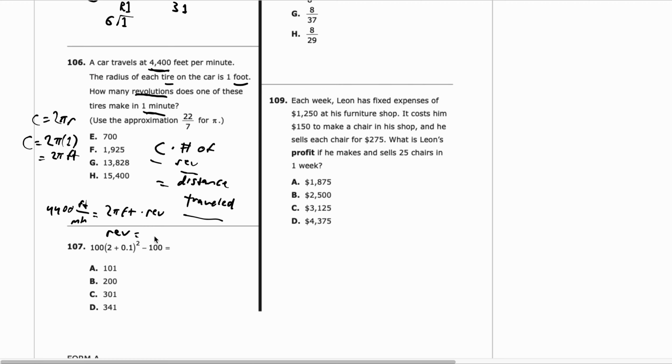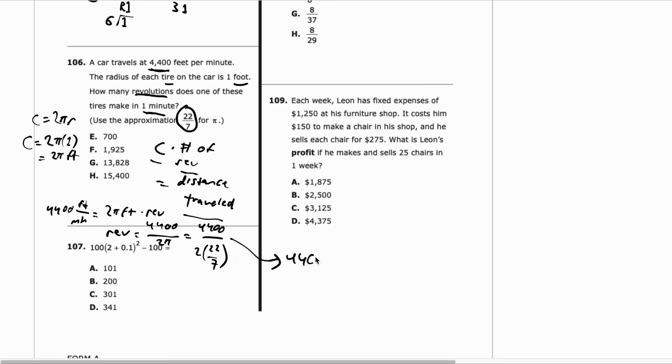So the revolutions is going to be 4,400 divided by 2 pi, right? And we're being told to use this approximation of pi. So that would be 2 times 22 over 7.